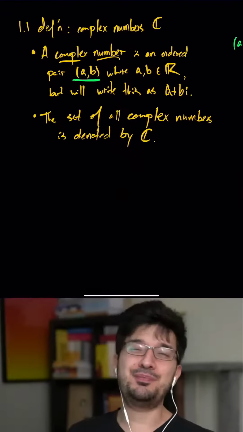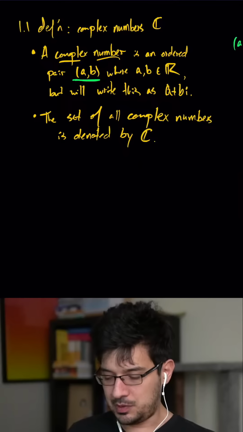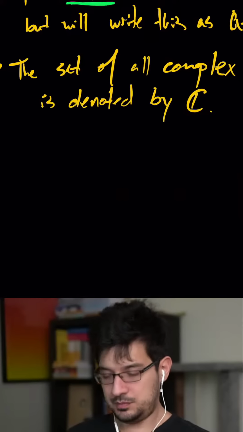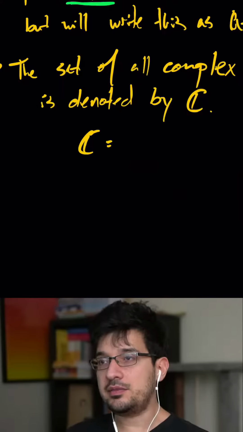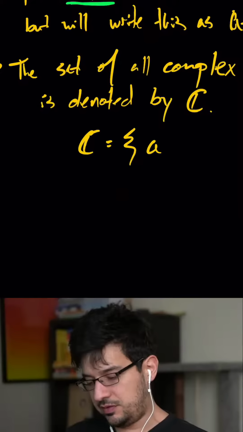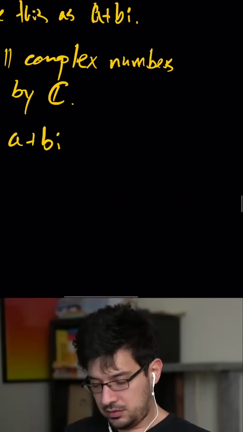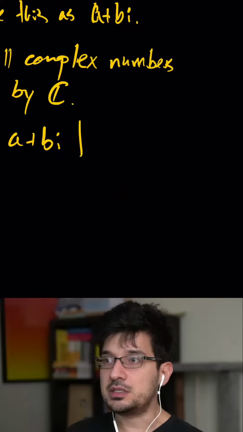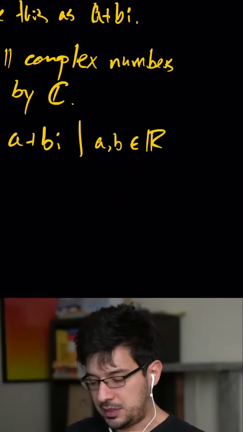That's called blackboard bold font. C is defined as the set a + bi such that, I'm going to use a bar notation, a and b are in the real numbers.